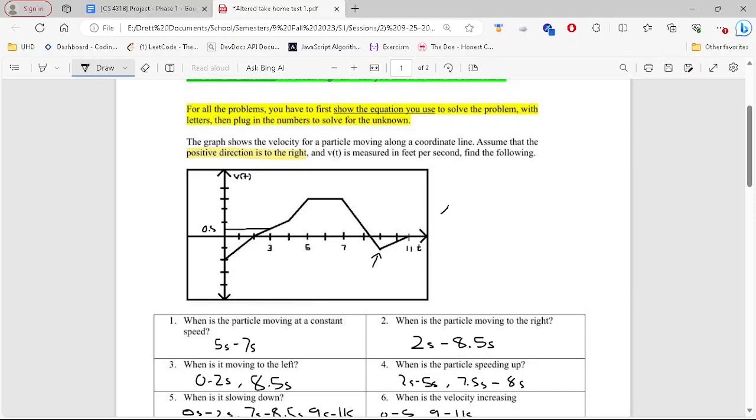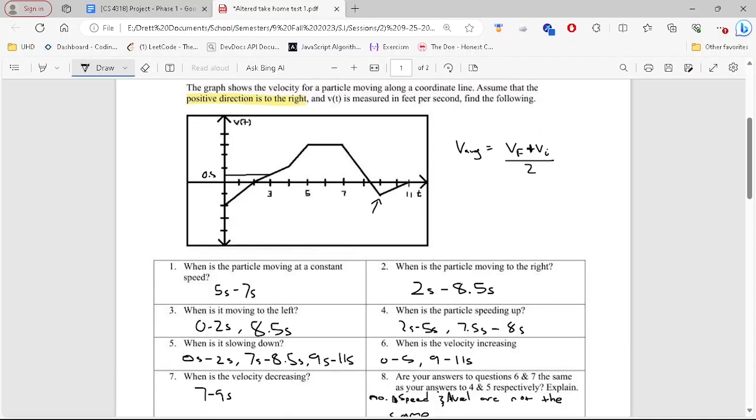Okay, so here we go. The formula for average velocity will be equal to velocity final plus the velocity initial, divided by 2. That will be the average velocity between these 2 points.